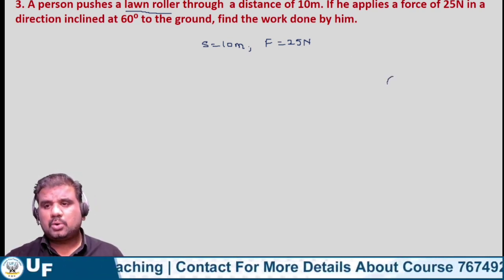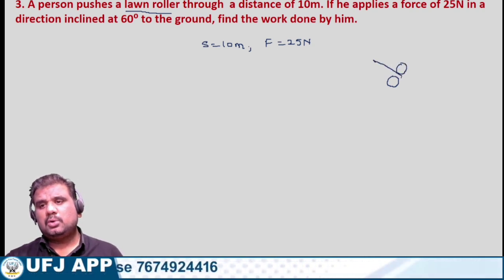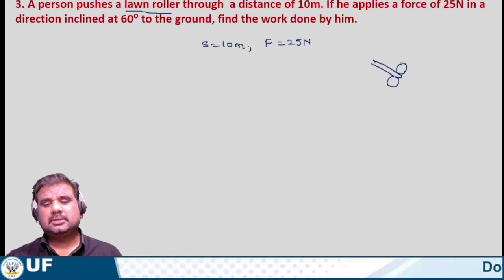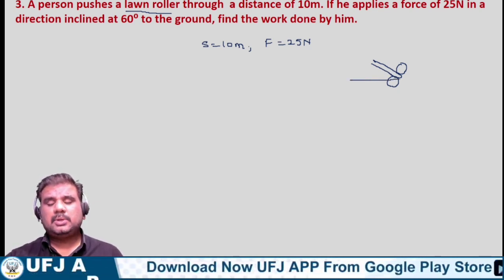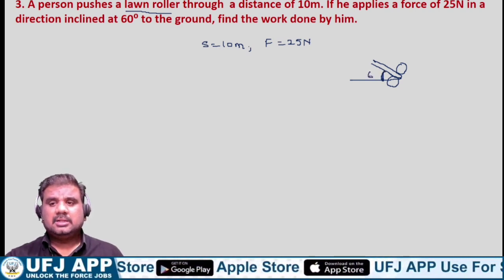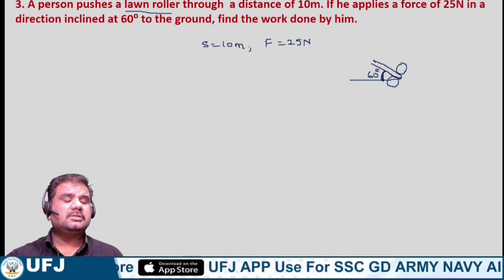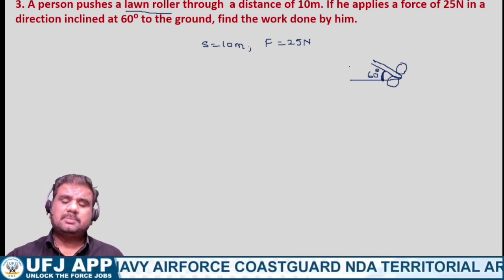So the lawn roller will always be pushed like this. Here the angle between the ground and the lawn roller handle is equal to 60 degrees. Find the work done by the person.